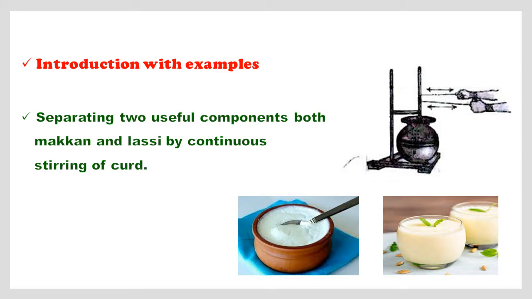Children, you have understood, right? This was the second example to separate two useful components, that means both makhan, which means butter, and lassi by continuous stirring of the curd. Let us discuss one more example.